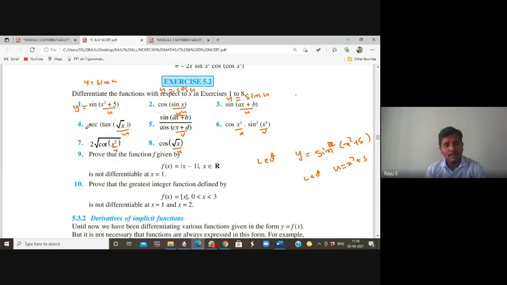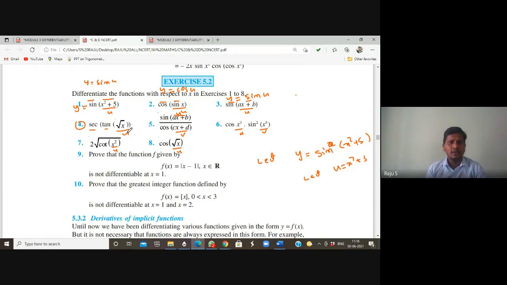But when we observe the fourth question, there are three different functions. In the first, second and third questions, there are two different functions. In the first one it is sine and x square plus 5: sine is trigonometric, x square plus 5 is algebraic. Cos and sine are two different functions. Sine and ax plus b. Secant of tan root x.